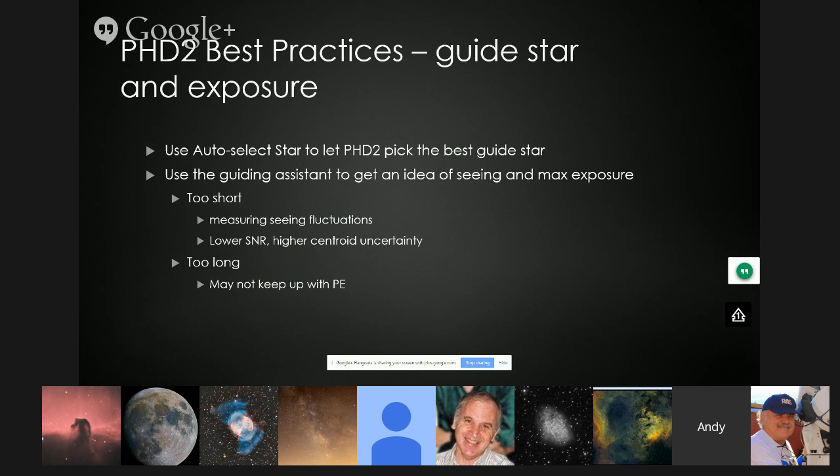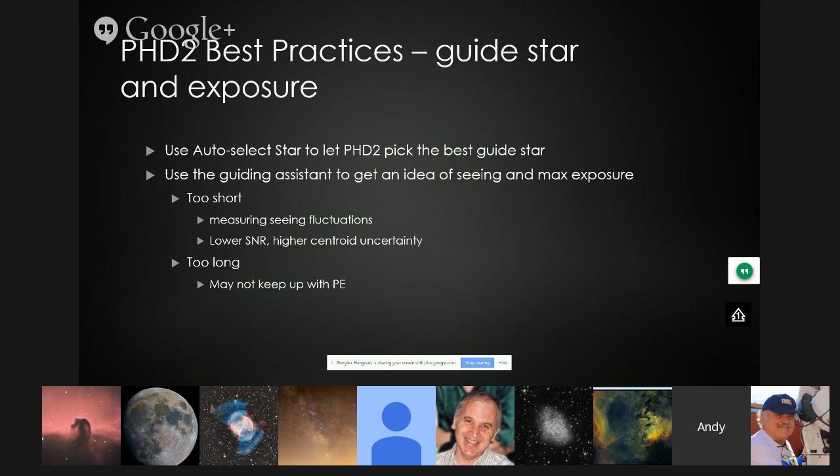The other thing now we want to talk a little about is your guide exposure duration. That's something that's under your control, and you want to make sure that it's not too short, or you're going to be trying to guide out these random seeing fluctuations, and that's generally going to make your guiding worse.